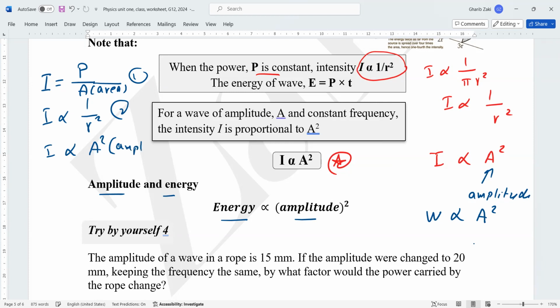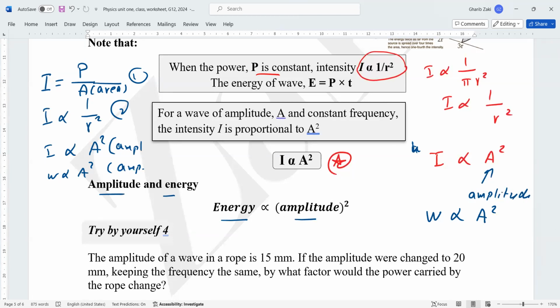Take care, this A is amplitude. And the energy is also proportional to amplitude squared. Take care, the first A is area, but the second two are the amplitude.